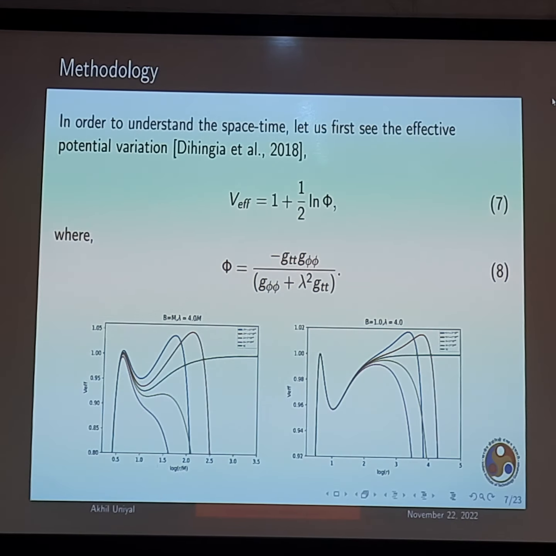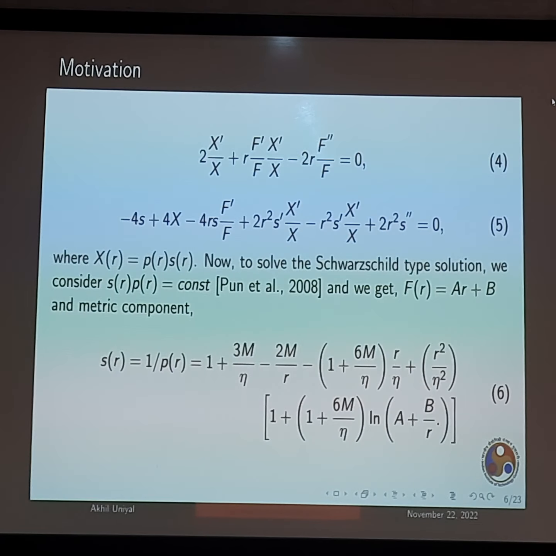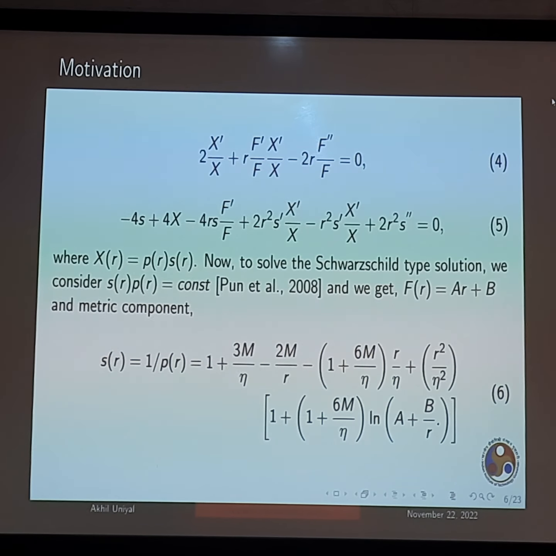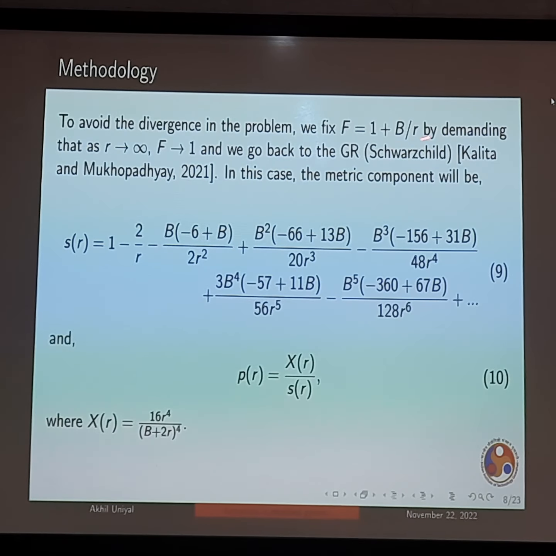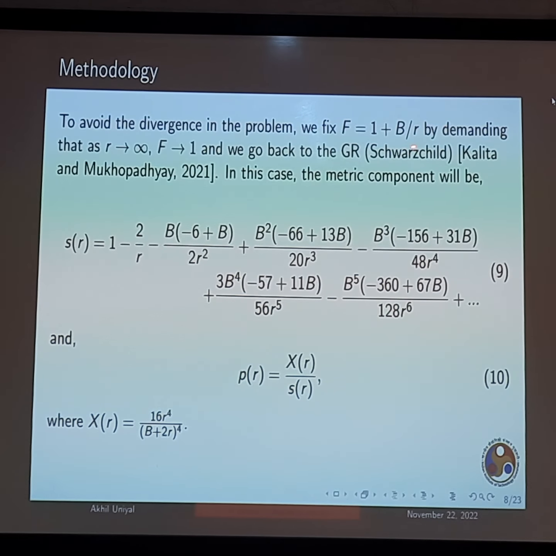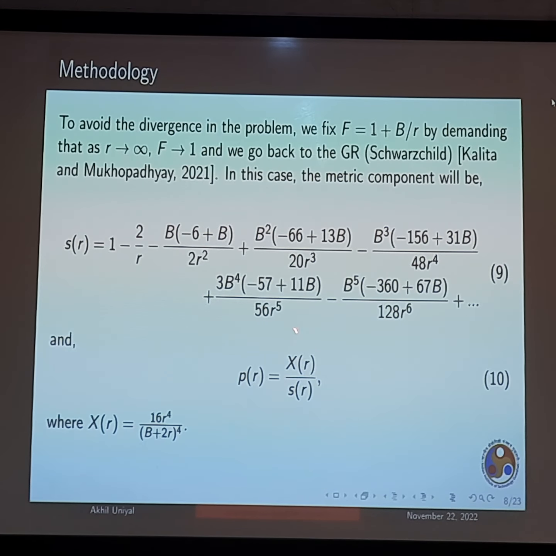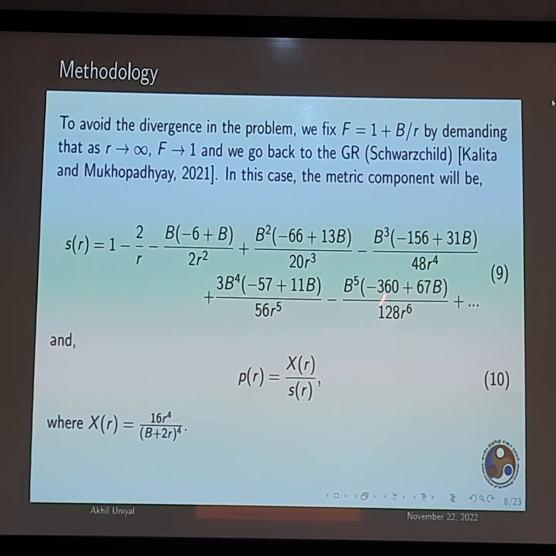So what you do now, you go for the other case. You fix your f first, then you put that in your equations and you calculate the x. So let's say you fix your f as 1 plus b by r, b is some constant, and now you see if r goes to infinity, f goes to 1, you get back your GR for sure. In that case, you get this beautiful series in the metric components.